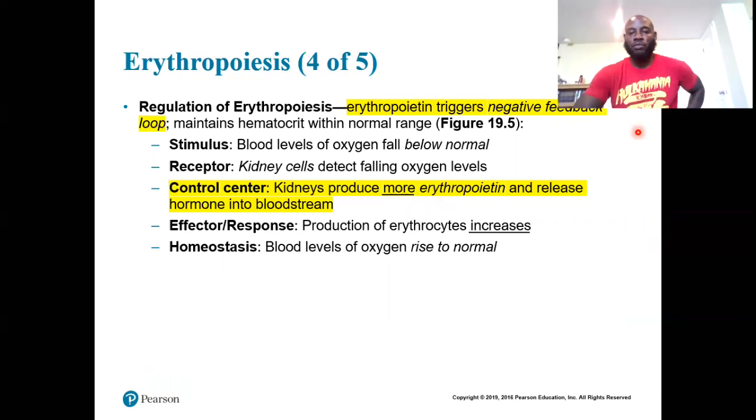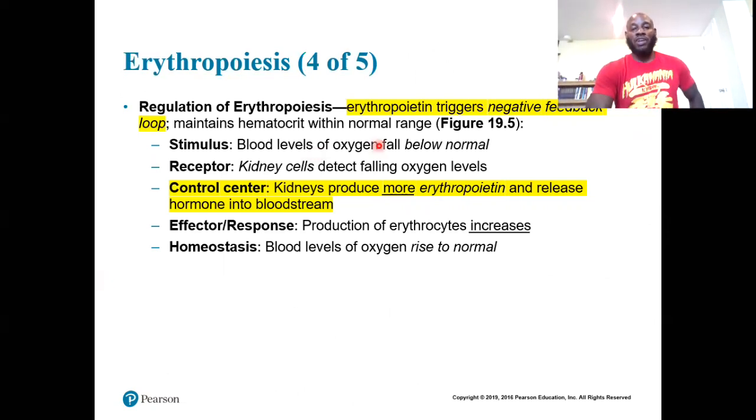What regulates erythropoiesis? It's a negative feedback loop. Hopefully that rings a bell. We've talked about negative feedback loops in Anatomy and Physiology Part 1. So it maintains the hematocrit within a normal range. Remember that term, hematocrit, your red blood cell count.